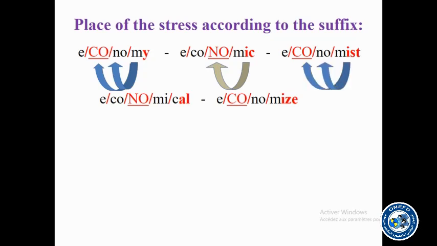Very good, two before. With the suffix "al", two syllables before, and with the suffix "ize", the same, two syllables before. So you see, to find the stress, we start from the end of the word and we go back till we find the stress. It can be one before, it can be two syllables before.